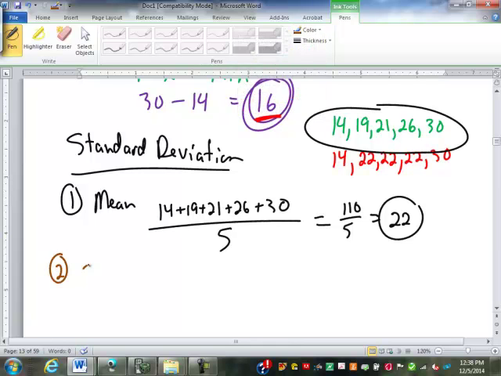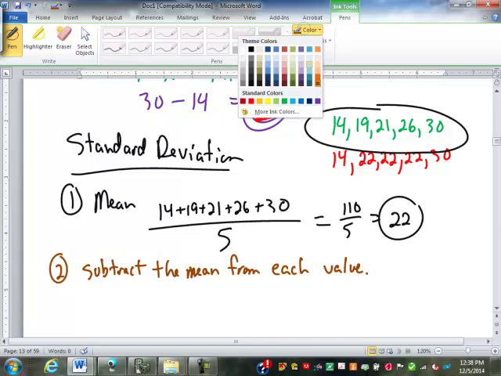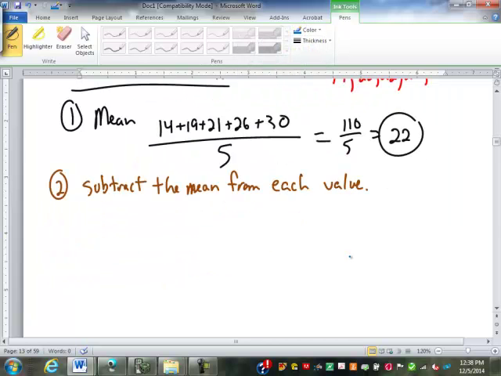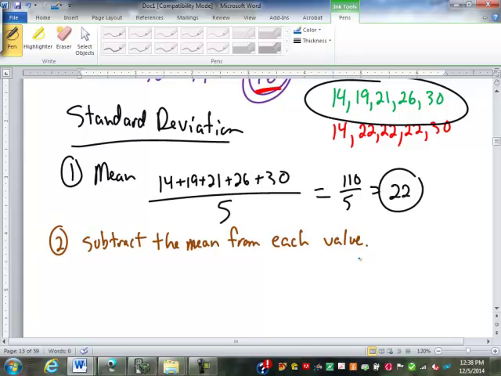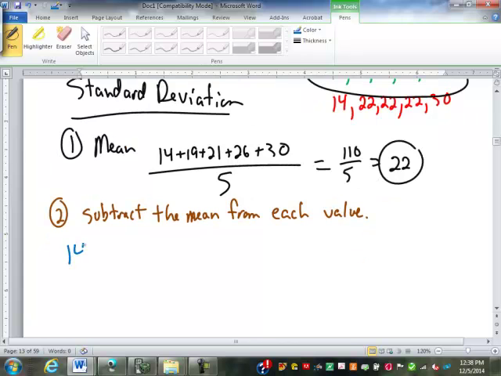Step 2. Subtract the mean from each value. So we have 14, 19, 21, and 26.